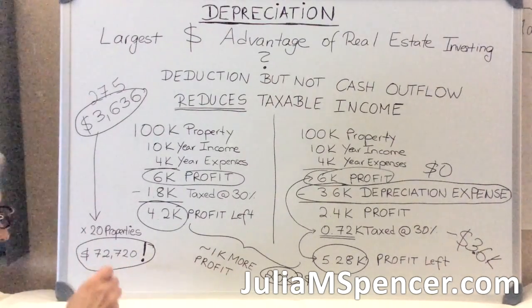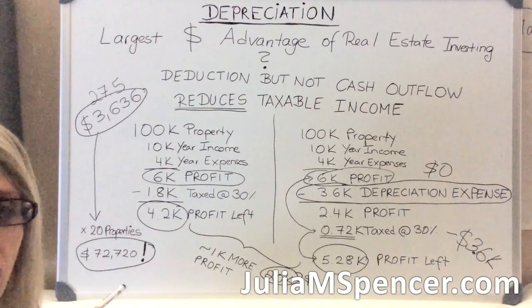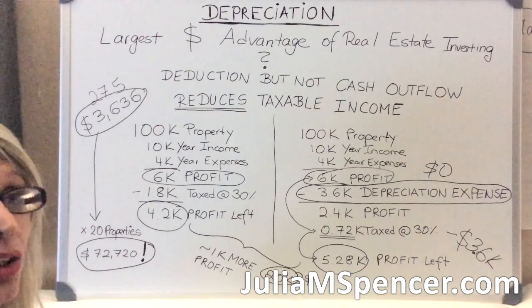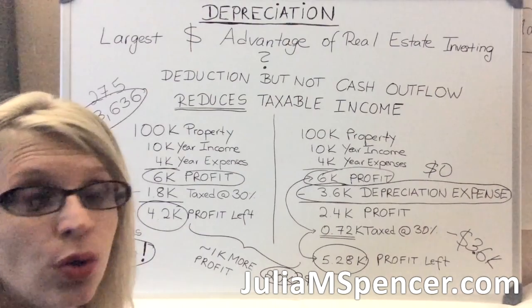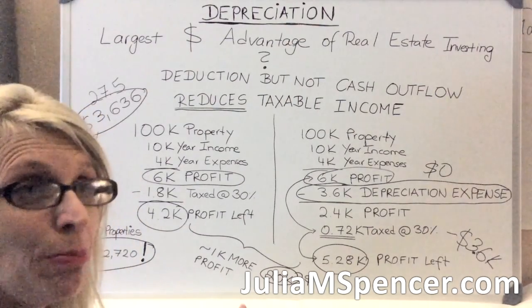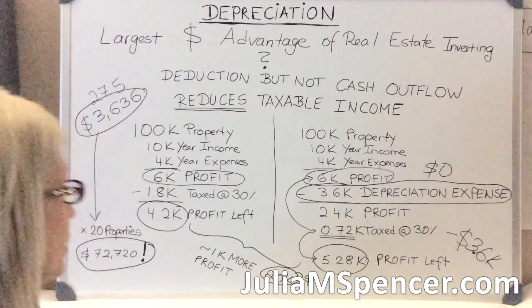You can take $72,720 off of whatever you already have as taxable income from your job or other business, and basically make that other income be zero.